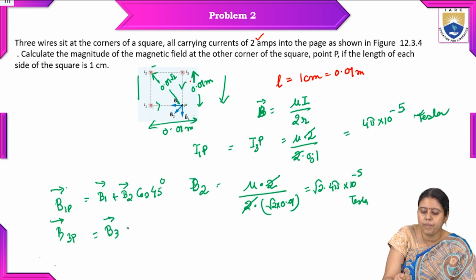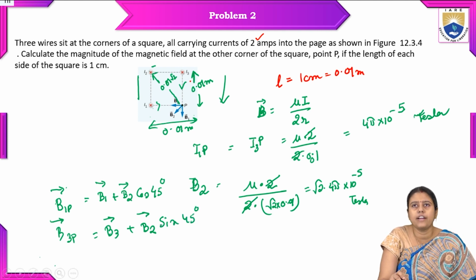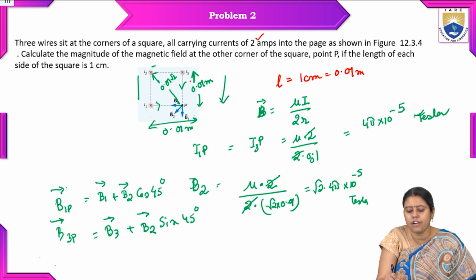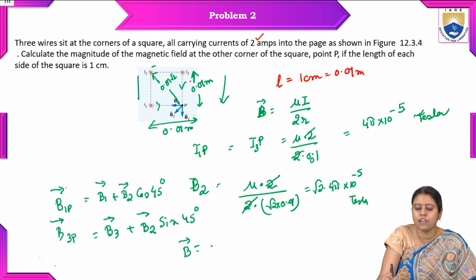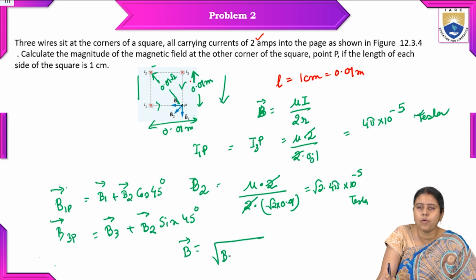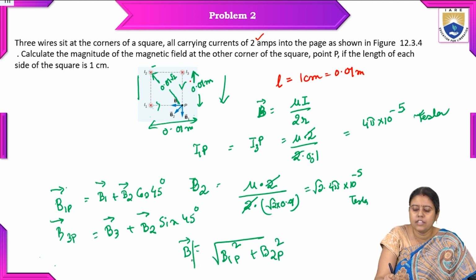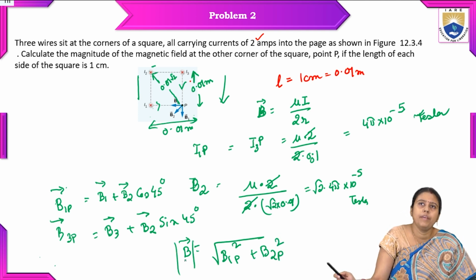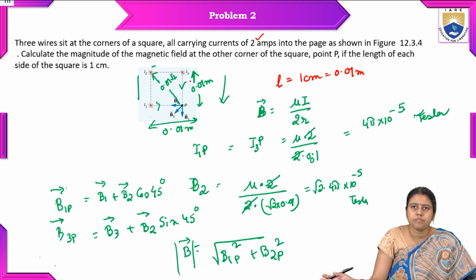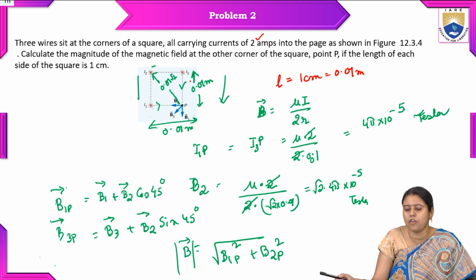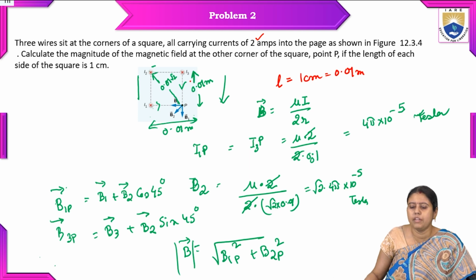B3 plus B2 sine 45 degree. So we will get the flux density. If we want, we can get the total flux density B is equal to the square root of B1P square plus B2P square. We will get the magnitude of the total B. So this is the answer of this problem.